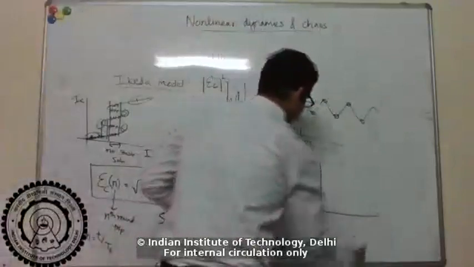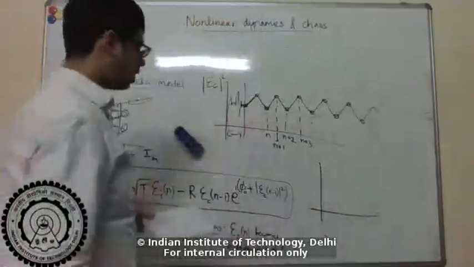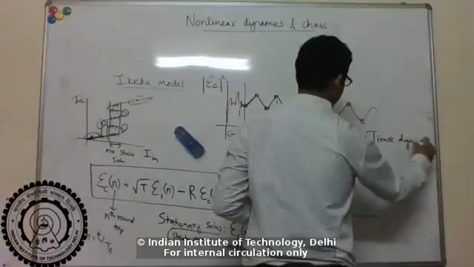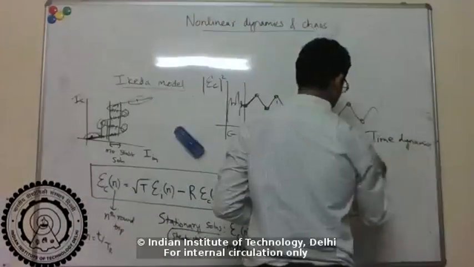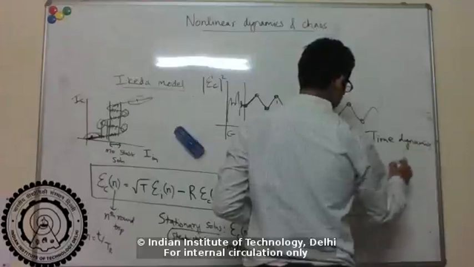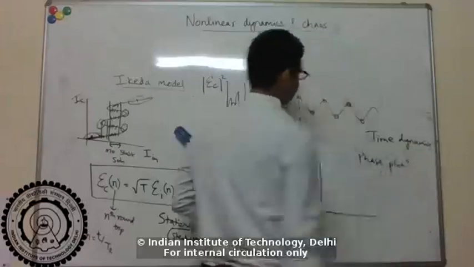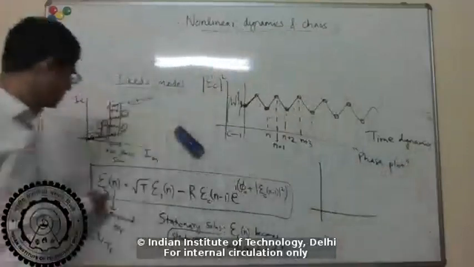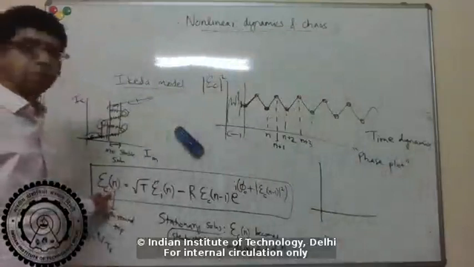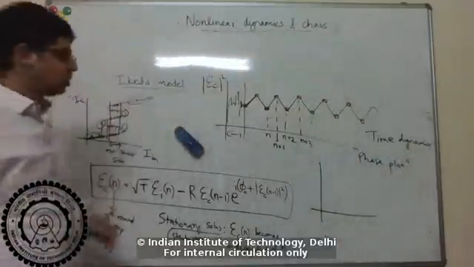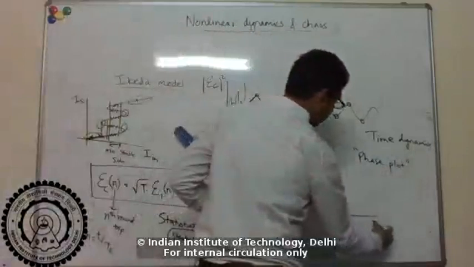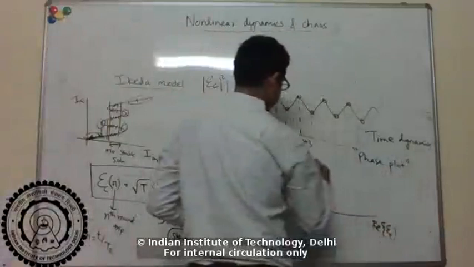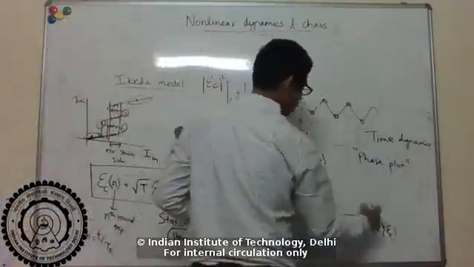One way you can look at these time dynamics is to represent them on a phase plot. So what is a phase plot? At every point I have a solution for EC, which in general is a complex number, so it has an amplitude and phase. I represent it on the complex plane: real part of EC and imaginary part of EC.